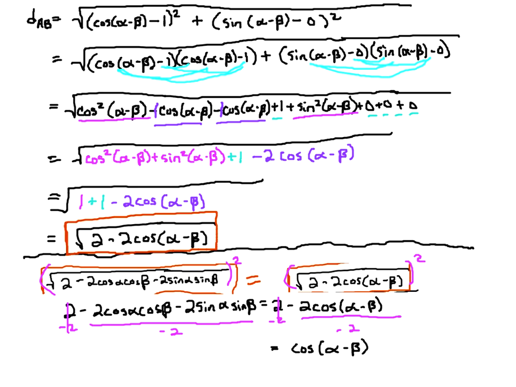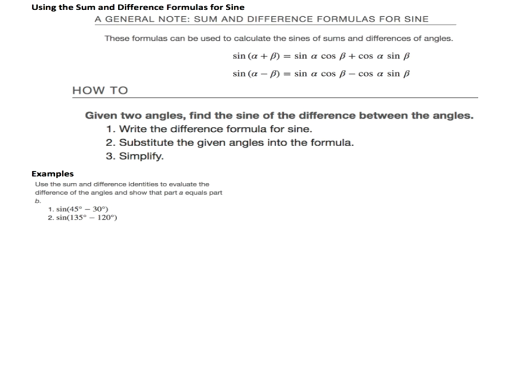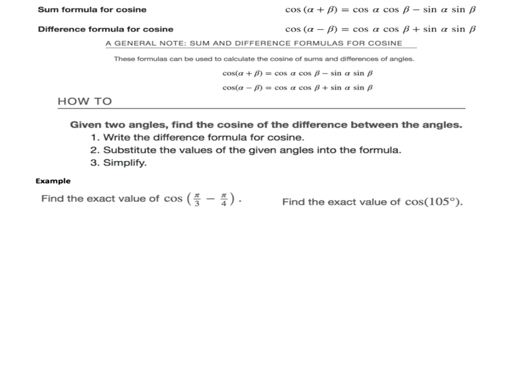Cosine alpha minus beta is equal to cosine alpha cosine beta minus sine alpha sine beta. And sure enough, that is the difference formula for cosine right there.